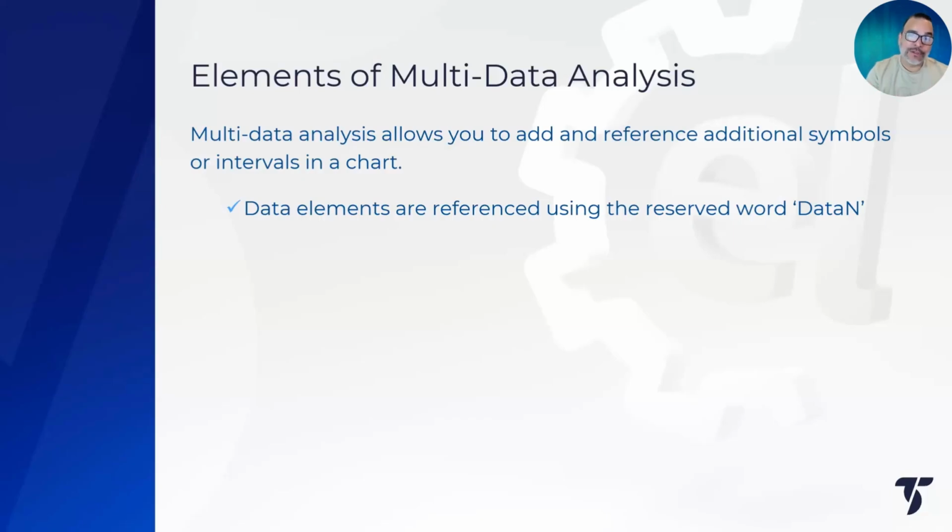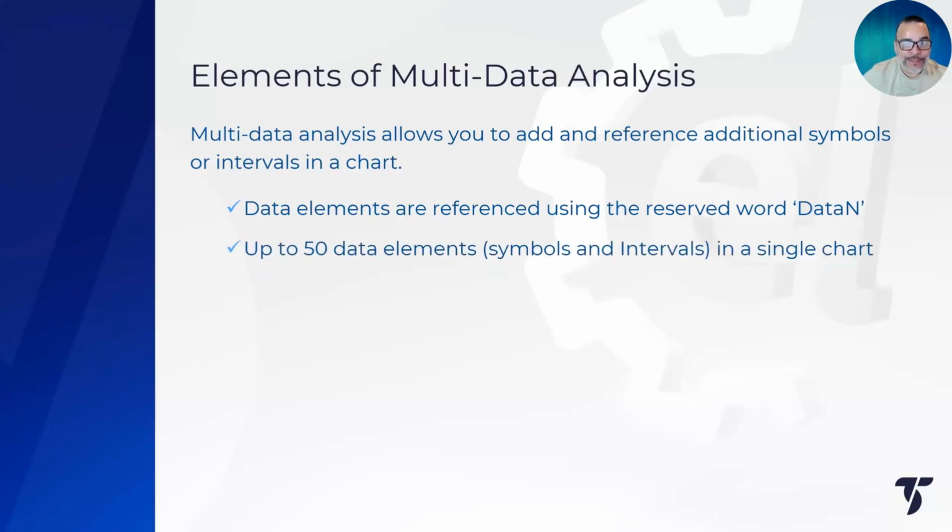But if you were to create a multi-data chart, the second symbol that gets added will be assigned this data number. It'll be Data2. It's important for you to remember that because that is exactly the way that you're going to reference the data for that symbol, using its number. Knowing which number is for which symbol, or which symbol is for what number, is easy on TradeStation and we'll show you that as well.